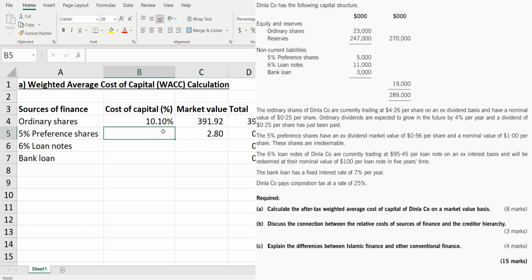Okay, now let's do the cost of capital of preference shares. Let's read the question again. The 5% preference shares have an ex-dividend market value of $0.56 per share and nominal value of $1 per share. The shares are irredeemable, so perpetuity.